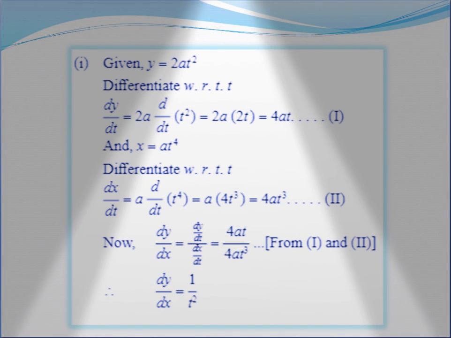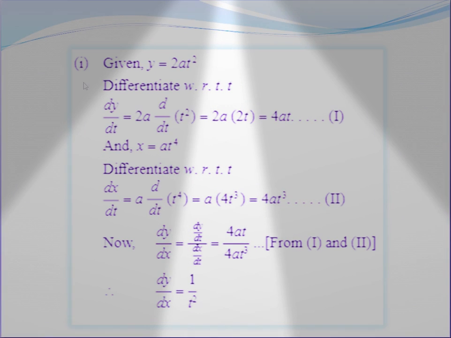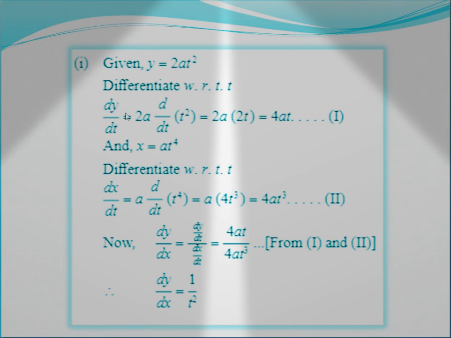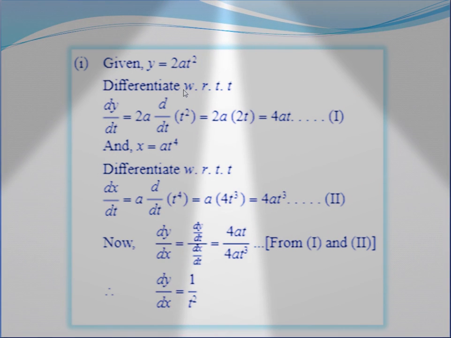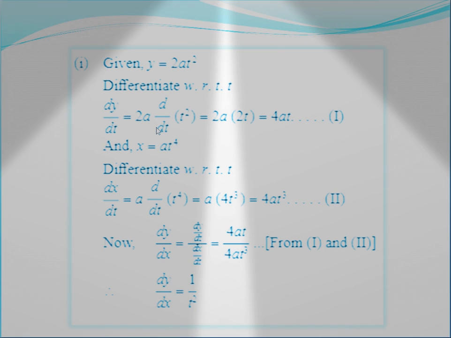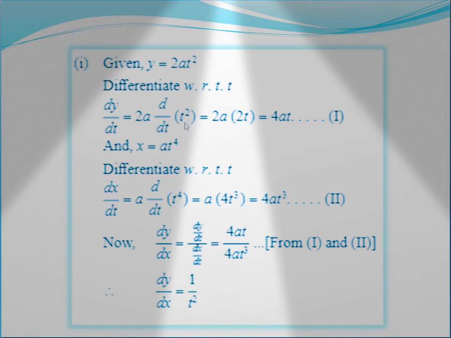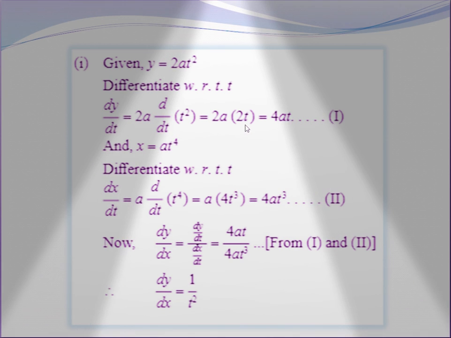Answer for the first example. Consider the given equations. First equation, y is equal to 2 into a into t square. Now differentiate this equation with respect to t. Therefore, the derivative of y is dy upon dt equal to 2a into the derivative of t square, equal to 2 into a into 2t, since the derivative of t square is 2t.